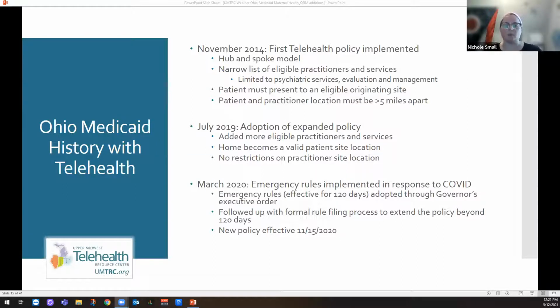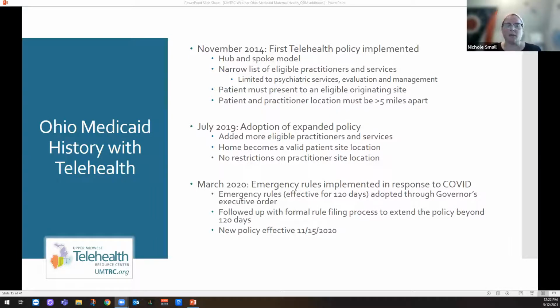So now they could actually be at their home or school, a lot of different locations that they could be physically located in to access a telehealth service. And we removed restrictions on practitioner site location. So we added practitioners, we allowed a lot more flexibility as far as where the patient and the practitioner can be. And then we also added more services to go along with the practitioners that we added.